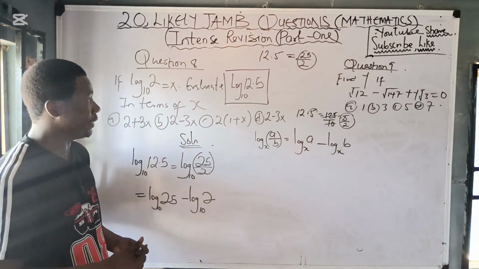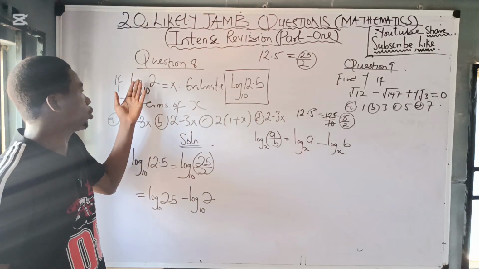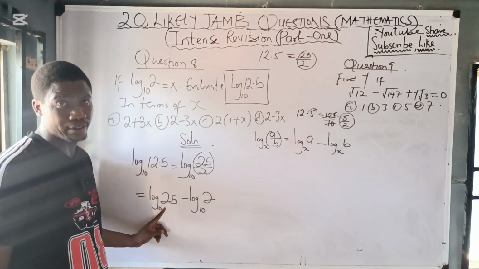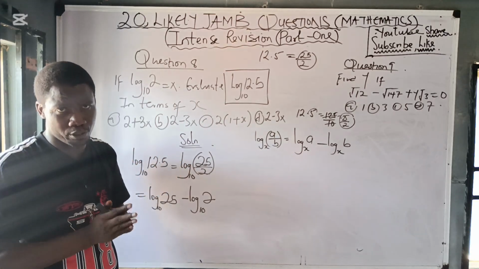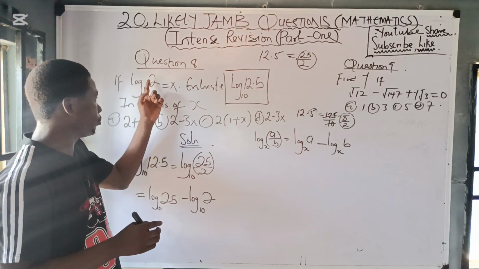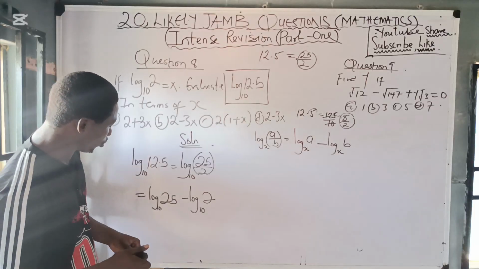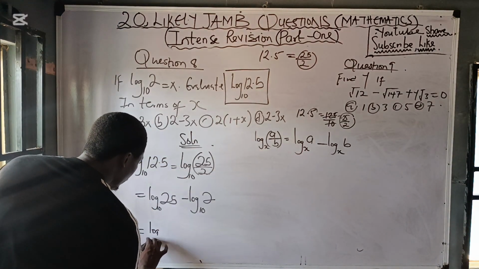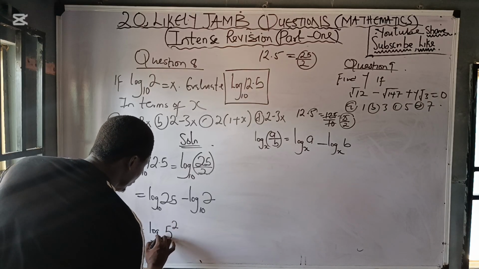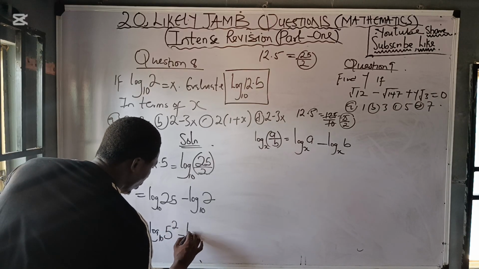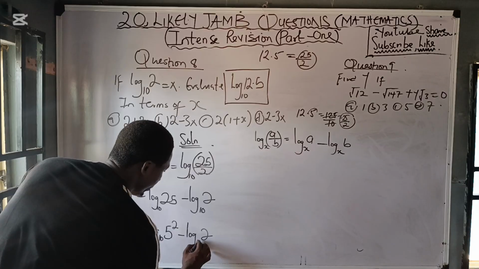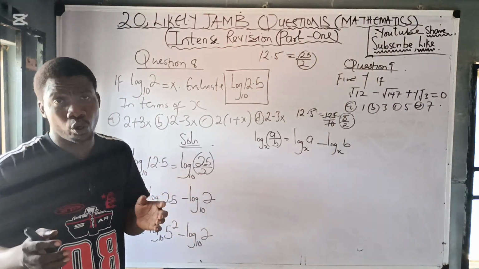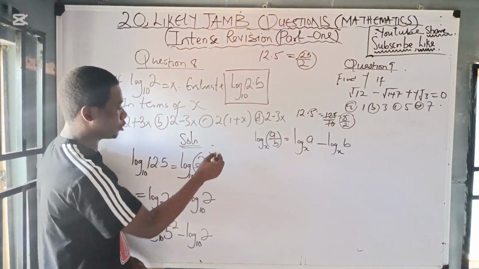For log 2 base 10, it is already satisfied because log 2 base 10 is equal to x. But our problem now is this 25. We have to simplify 25 further because the only thing they gave us is log 2 base 10, which is equal to x. So 25 will give us log 5 raised to the power of 2 base 10, then minus log 2 base 10. Are we together? Yes. 5 raised to the power of 2 will give us 25.